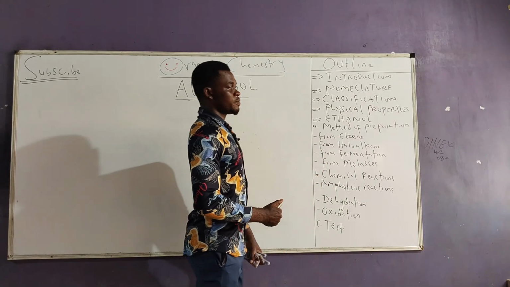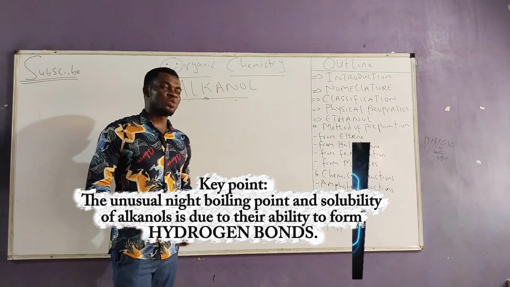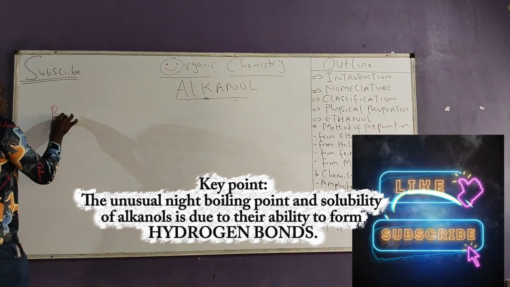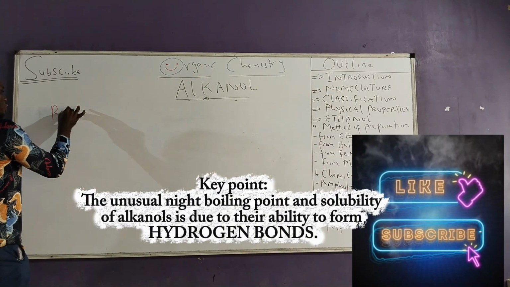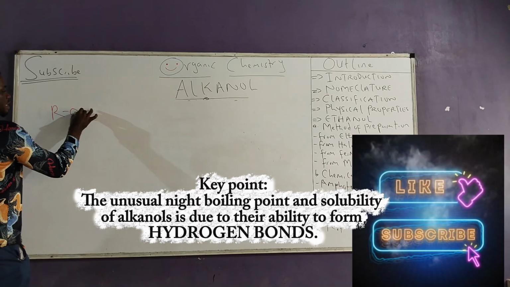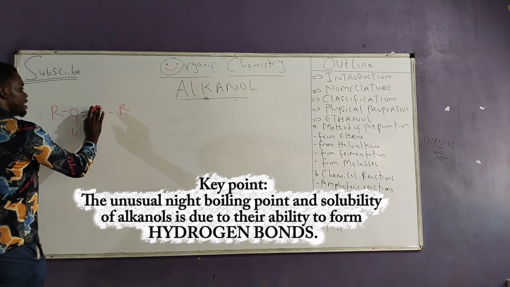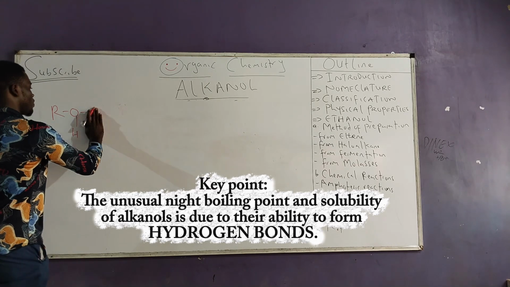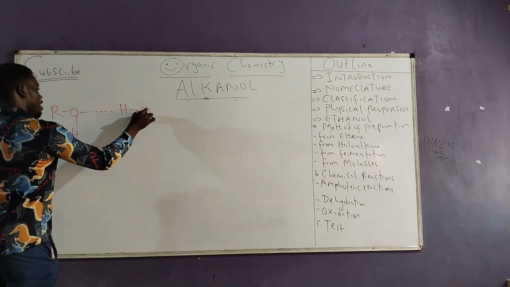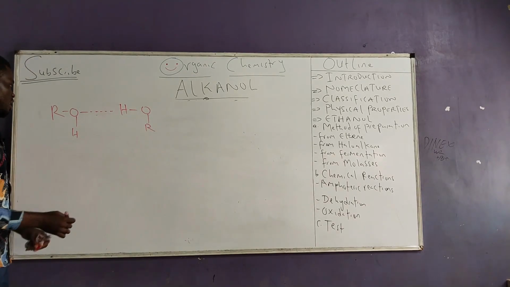And the reason it is unexpected is because alkanols have the ability to form a special type of bond known as hydrogen bond. So if this is one alkanol molecule, ROH, this alkanol molecule can interact with another alkanol molecule by forming a special type of bond. This bond, we refer to as a hydrogen bond.